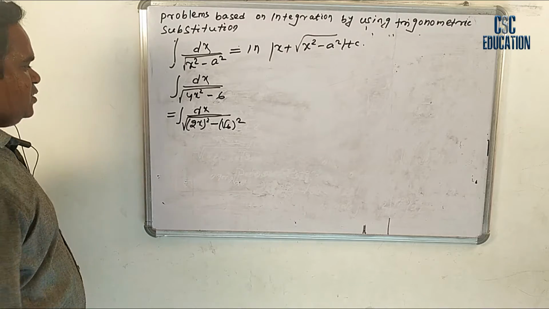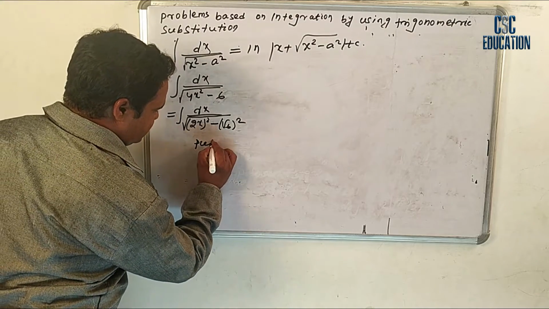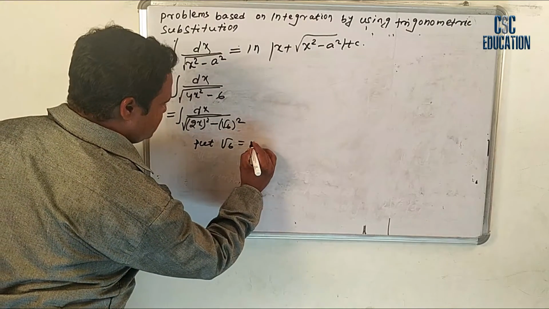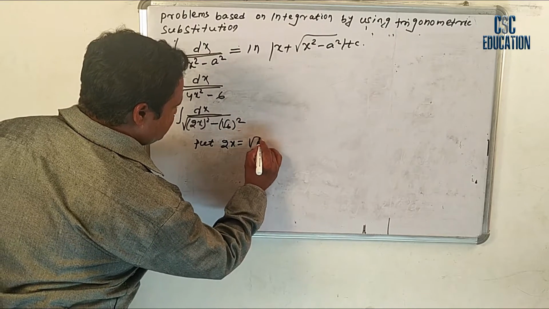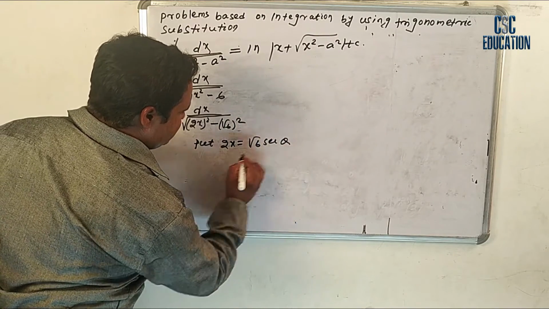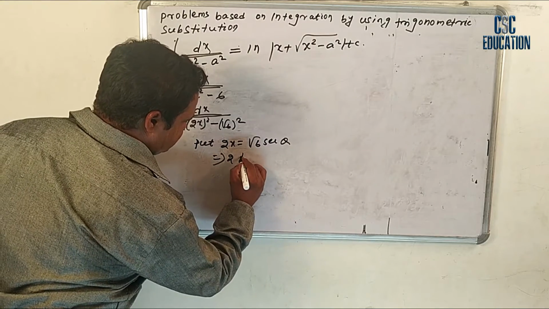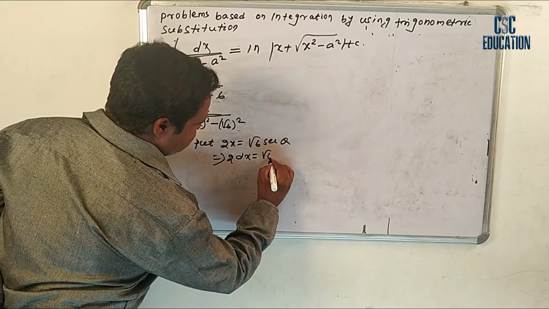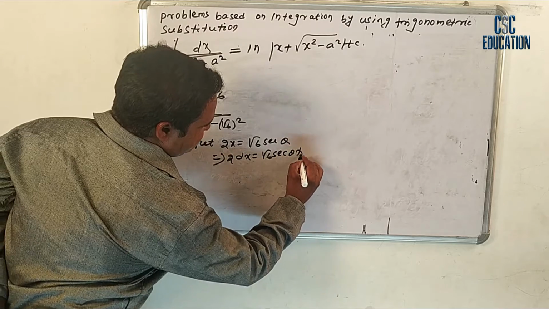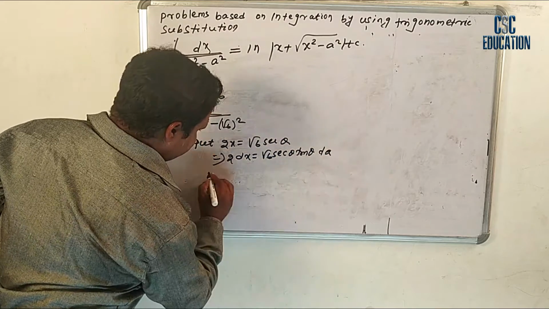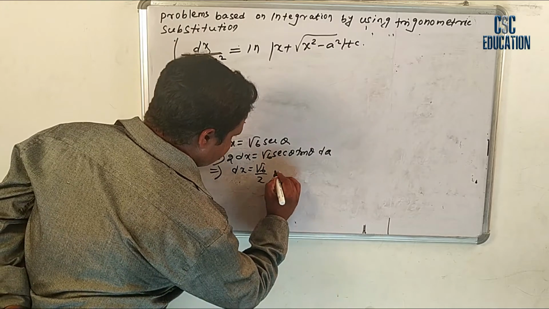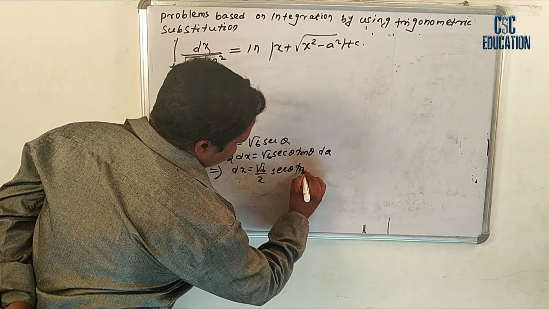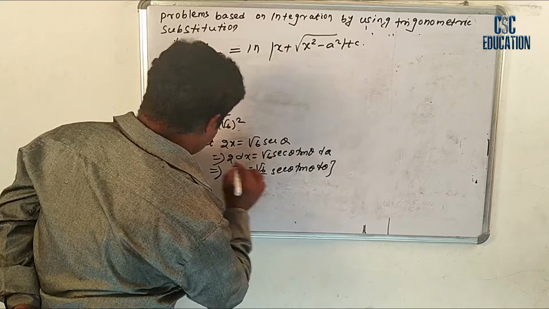So here put 2x equals root 6 sec theta, and the value is 2 dx equals root 6 sec theta tan theta d theta. This implies that dx equals root 6 divided by 2, sec theta tan theta d theta.